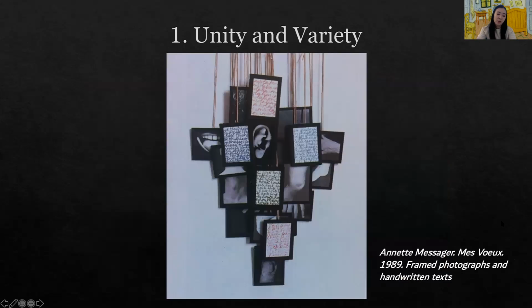And here's another example. So what's the unity and the variety in this work of art? I see that it's a body, like parts of a body. Very good. And the variety is the different parts of the body.